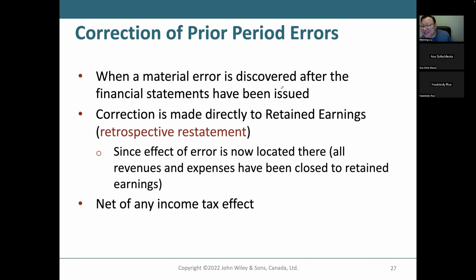Why to the retained earnings? Because all the income and expenses, and the dividends, are closed to retained earnings, right? So if there's any issue with the previous years, and we know that that issue has impact on retained earnings, therefore we're going to fix the retained earnings.